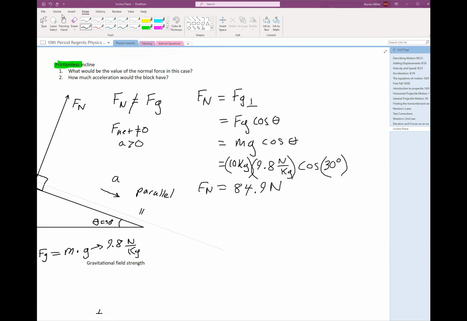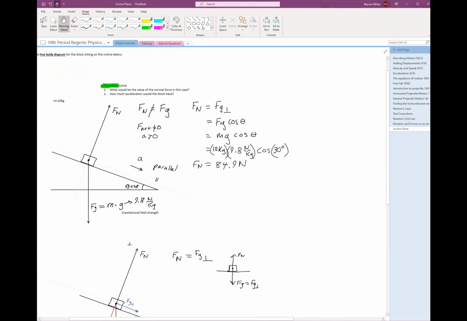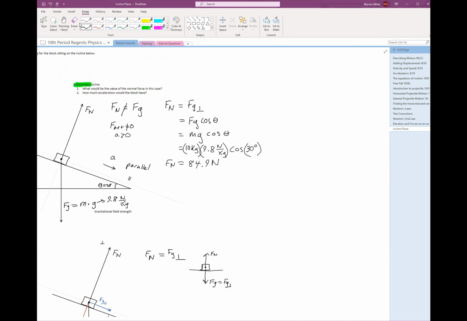Now the acceleration part is a little bit tougher, but it's not too hard. We know that acceleration is equal to the net force divided by the mass, right? That's just Newton's second law, right? In this case, what is the net force acting on the block? What part is unbalanced? Someone raise their hand if they can identify it. Nobody, huh?